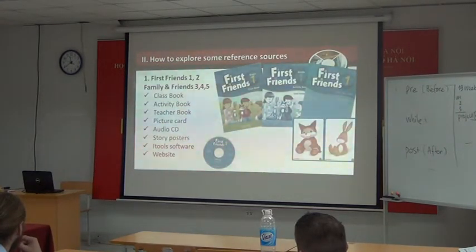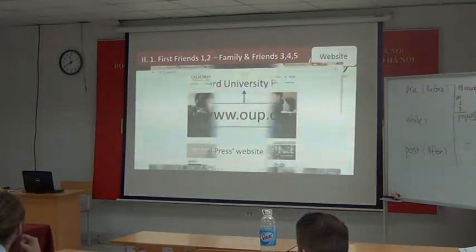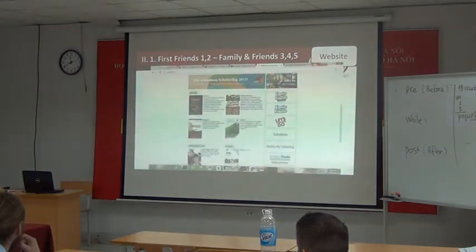And for the second part, how to explore some reference sources, we will send you an email so you know more about this. But there is one thing about the First Friends book and Family Friends, which is that we have a very useful website from Oxford Press. On this website, you can download a lot of materials for teaching.